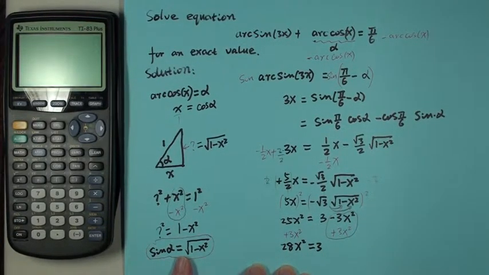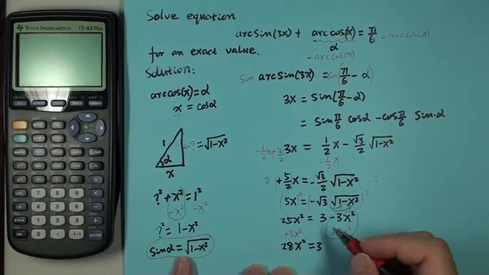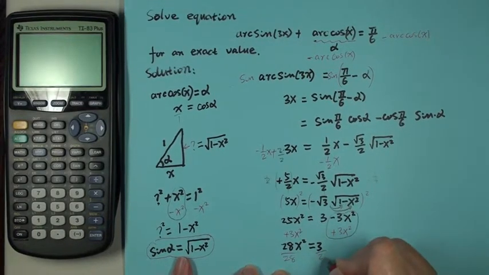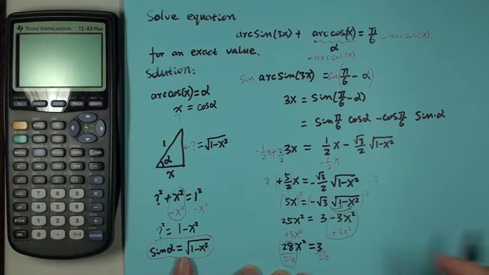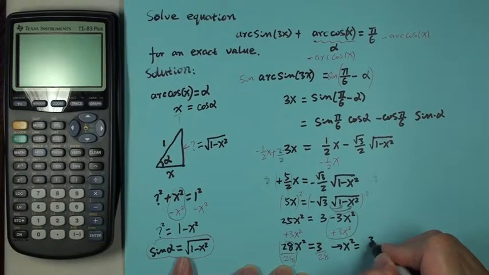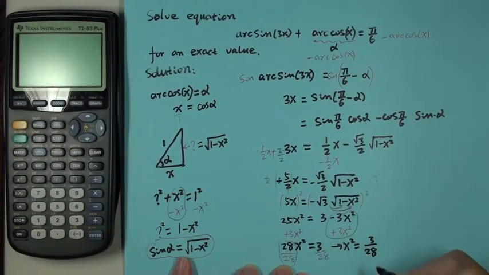Up to this far, probably you don't need me anymore, huh? But you know, I will solve it for you. Divided by 28, you then cancel 28. Now you have x squared is 3 over 28.